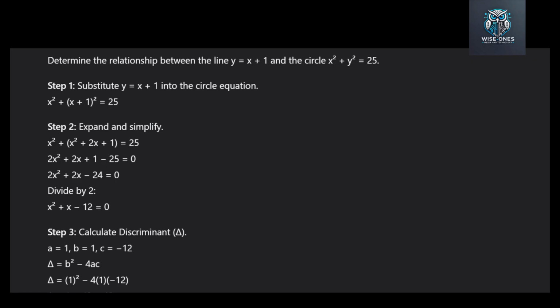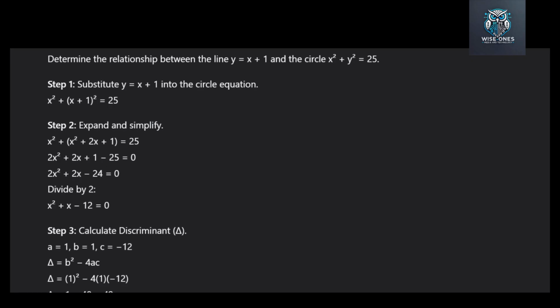Open bracket x plus 1 close bracket squared is x squared plus 2x plus 1. So we have x squared plus 2x plus 1 equals 25. Combine like terms. x squared plus x squared is 2x squared. So 2x squared plus 2x plus 1 equals 25.